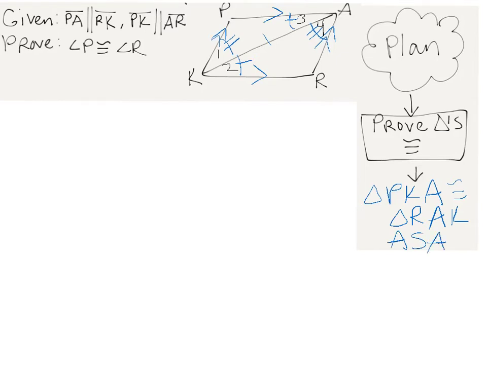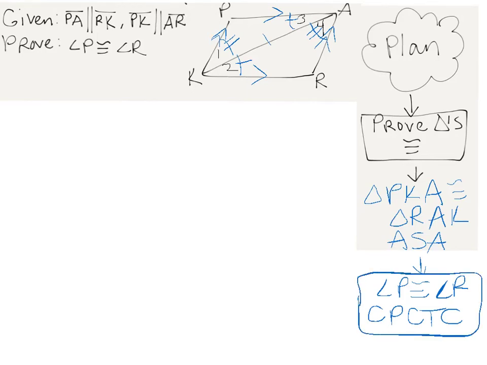If I can do that, then I can say that the corresponding parts of the congruent triangles are congruent. All 6 corresponding parts are congruent. 3 congruent sides, 3 congruent angles. And one of those congruent angles is angle P and angle R, because corresponding parts of congruent triangles are congruent. I'll say it one more time. Corresponding parts of congruent triangles are congruent. That's something that we can abbreviate here, but I want you to actually write it out in our proof.